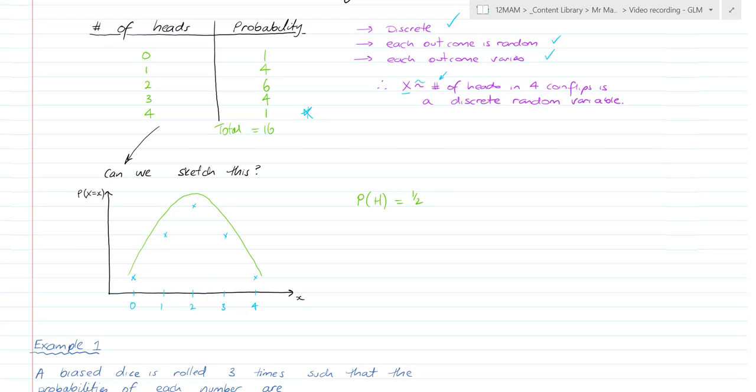When that probability changes, we get a skewed distribution. If there's a low chance of getting a head, we're more likely to get 0 heads and 1 head, then 2, 3 and 4 heads, and it looks more skewed. So that will vary depending on the actual probability of one outcome in an event, whether we get that symmetrical look or the skewed look.